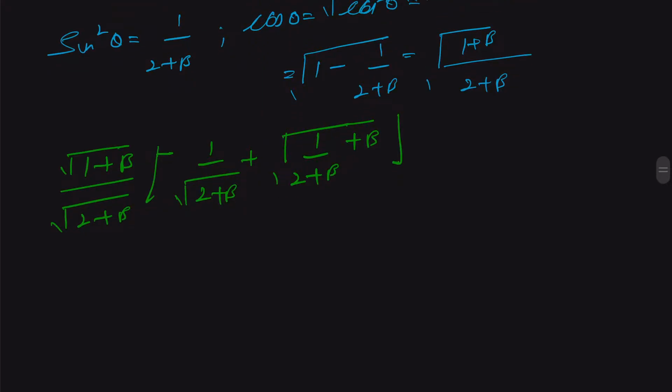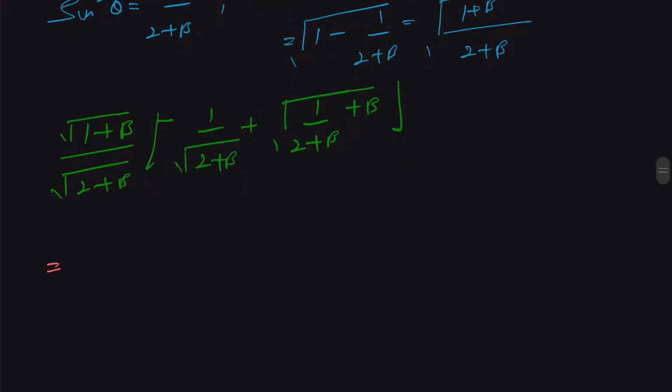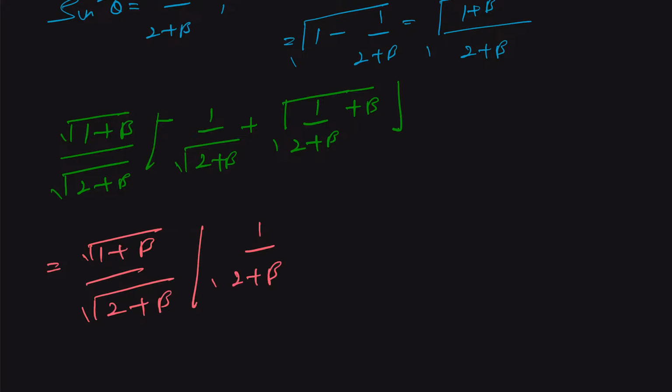This can be further written as the square root of 2 plus β, and we get this as the square root of 1 plus 2β plus β square.